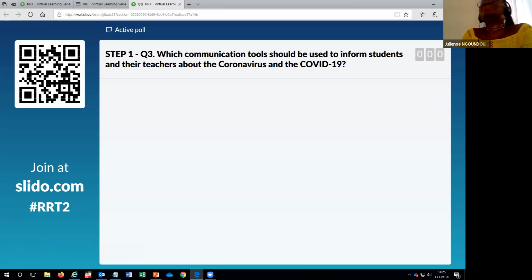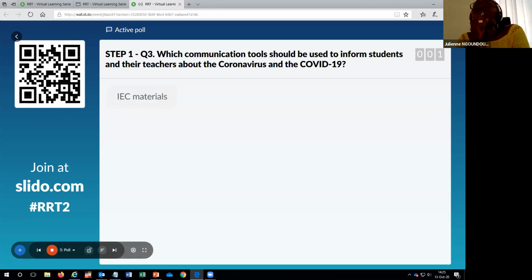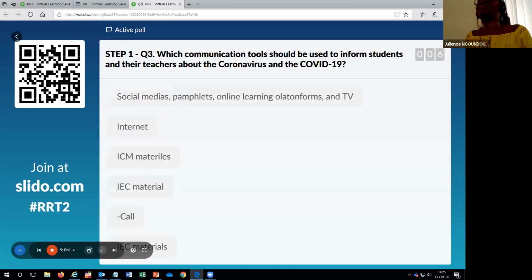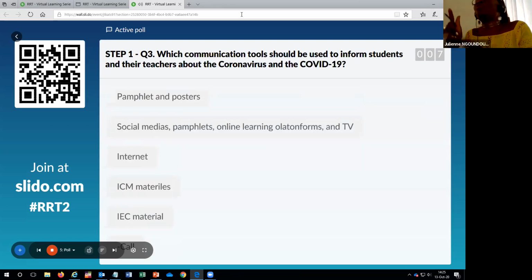The question is: which communication tools should be used to inform students and their teachers about the coronavirus and the COVID-19 disease? We separate coronavirus and COVID-19 because COVID-19 is the disease provoked by the coronavirus.